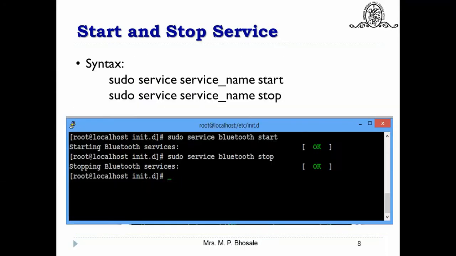Now how to start and stop a service? Here we have two commands. First is sudo service name start, which will start the particular service, and sudo service name stop, which is used to stop the particular service.